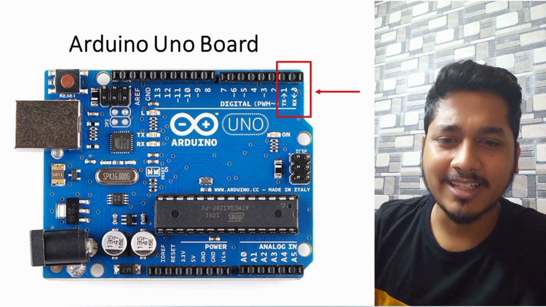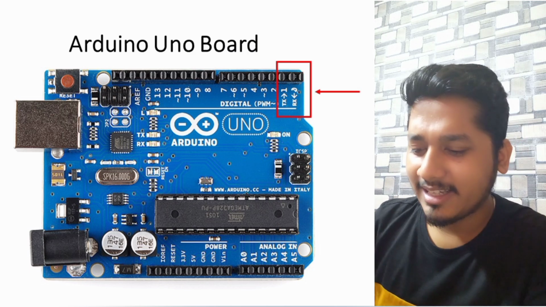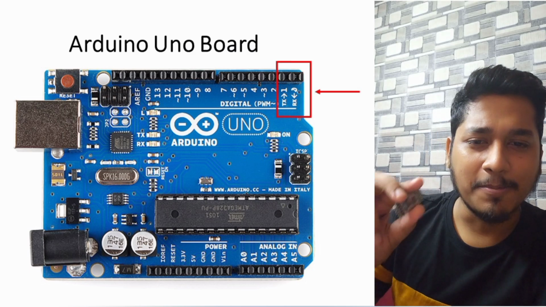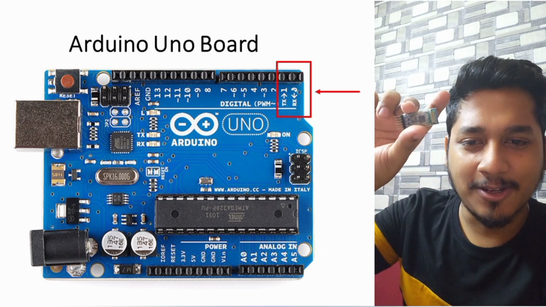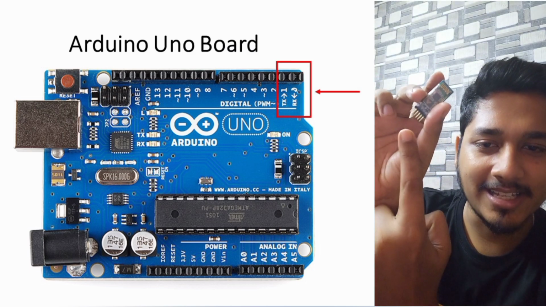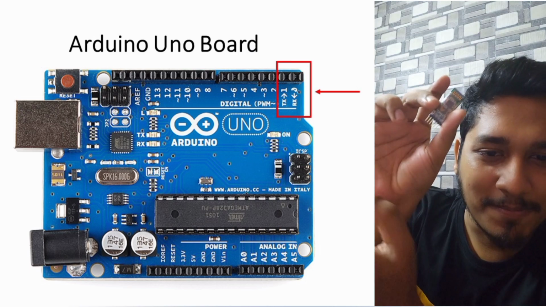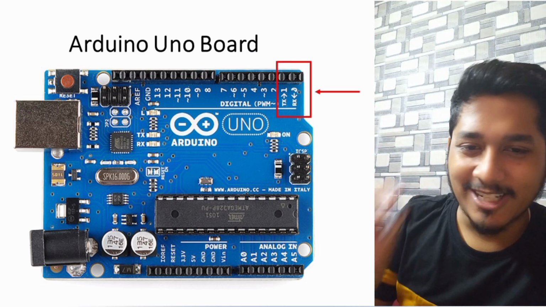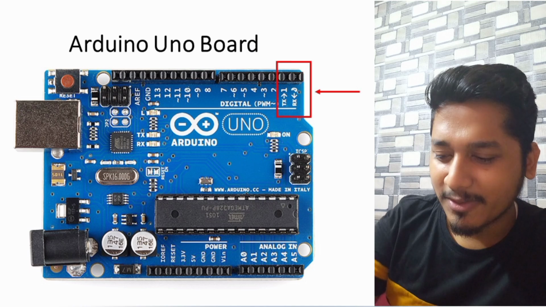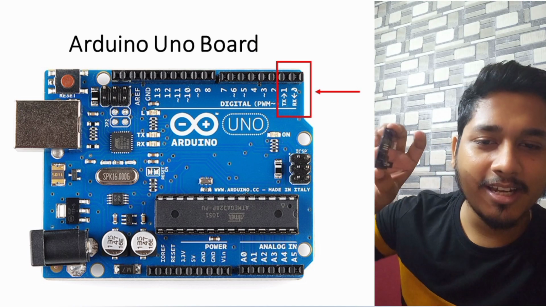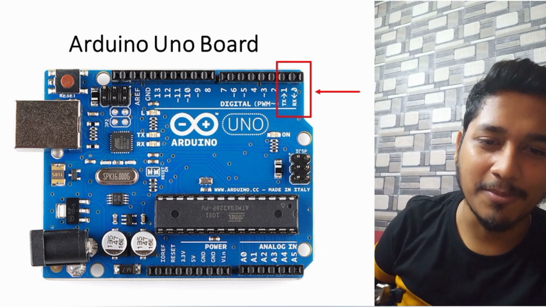In that case we will need a Bluetooth module, this one, the HC05. It has 6 pins, and using this Bluetooth module we can communicate with Arduino using our mobile app.